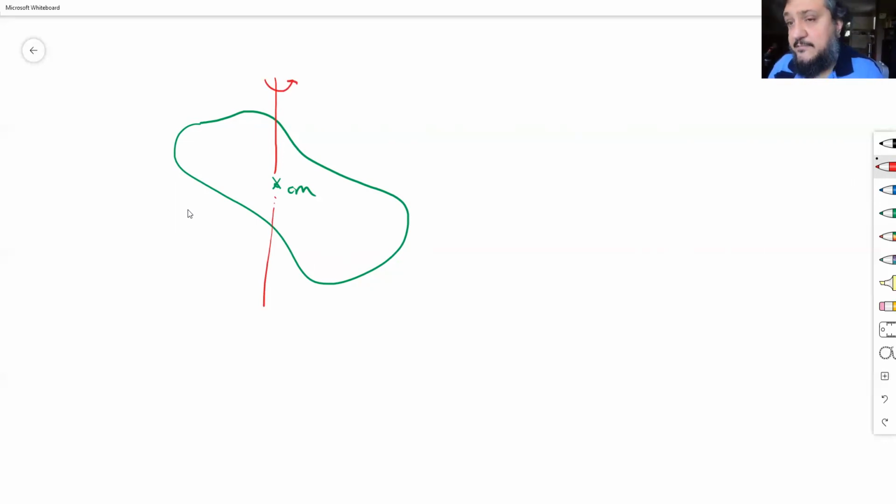Now this will have a moment of inertia, I center of mass. Let's use numbers. Let's say this is given to you, 5.2. It's going to have the units of mr squared, so kilograms meter squared.